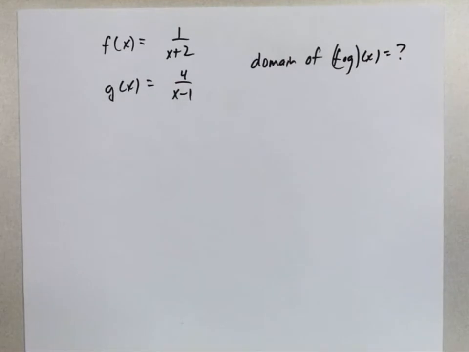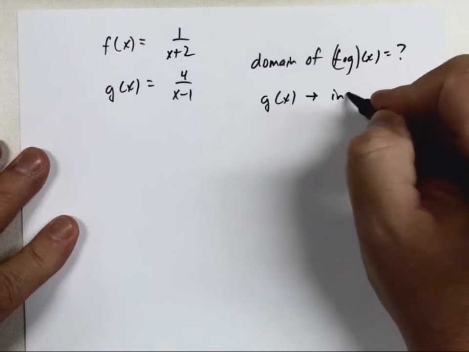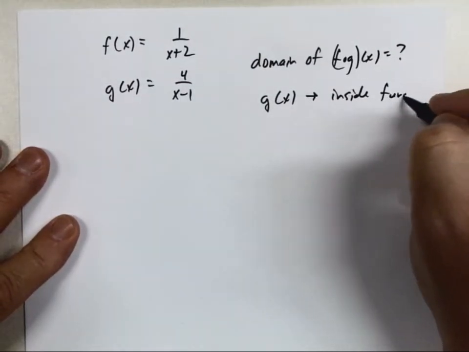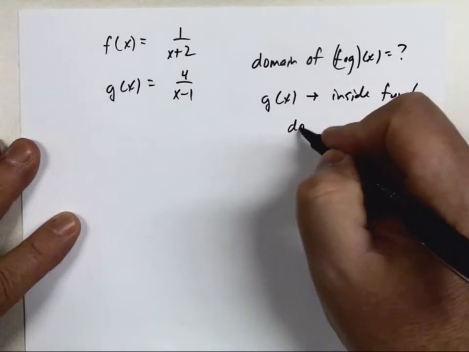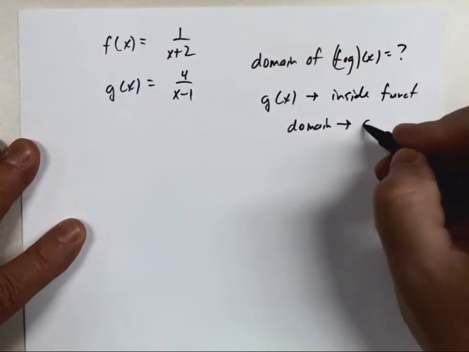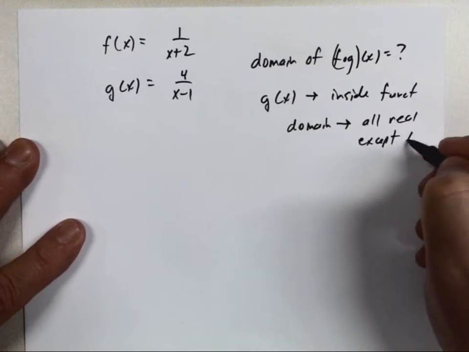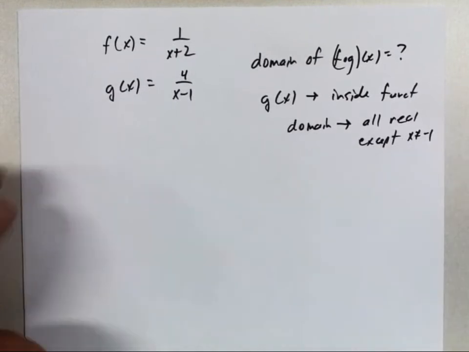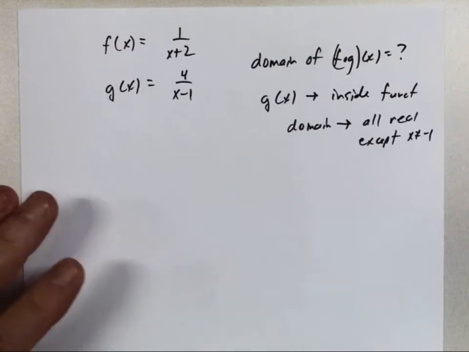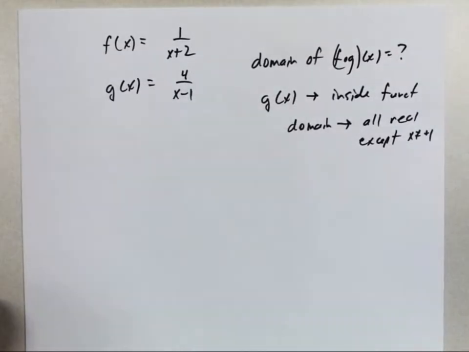And they want to know what's the domain when you take the composite function f composite g of x. So it looks like g of x is going to be the inside function. So the domain of g of x is all real except x cannot be equal to 1. Oops, positive 1, sorry. Right, positive 1 will cause the denominator to be 0.